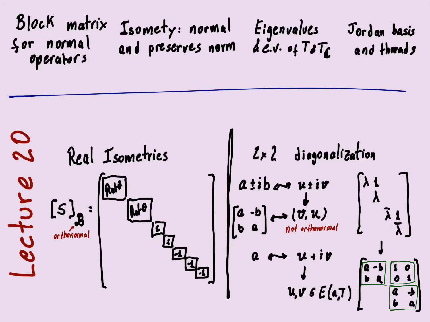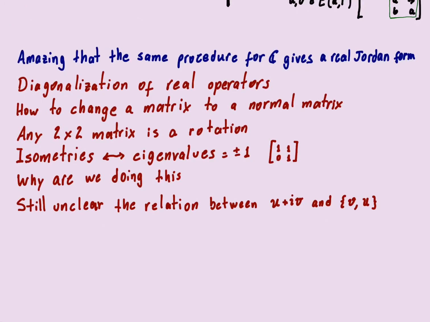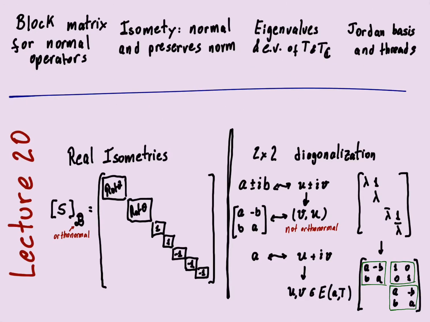Finally, some of us still find it unclear what is this relation between a complex vector being an eigenvector and these two real and imaginary parts being related to each other in this intriguing way. Well, for that, we can say that it is in the very nature of complex non-real eigenvalues that the imaginary part and real part of eigenvectors are entangled.